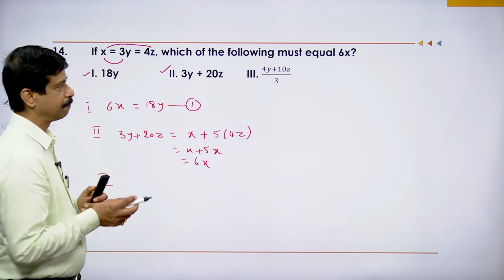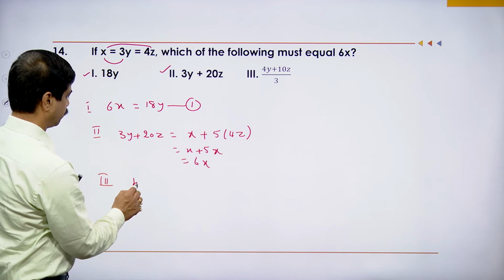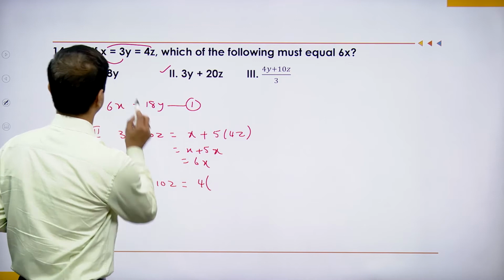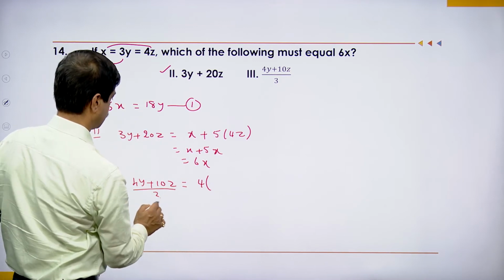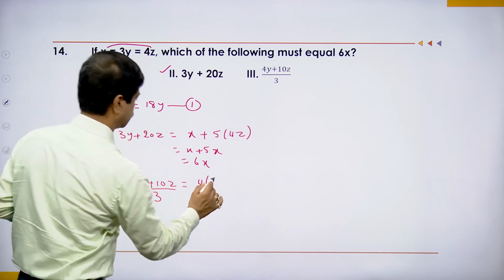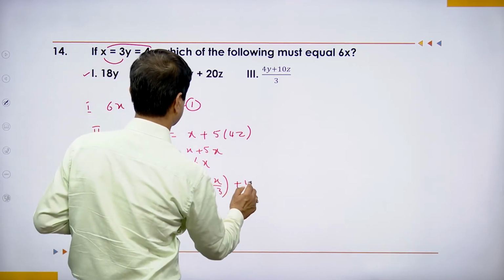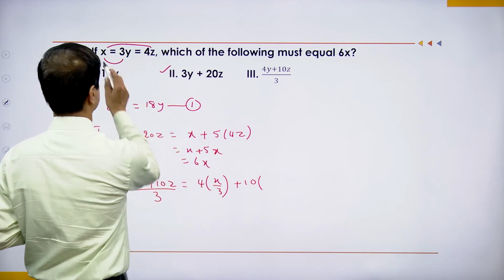Let us check. 4 into y plus 10 into z. 4 into y, according to this, is x by 3, plus 10 into z. z according to this is x by 4.